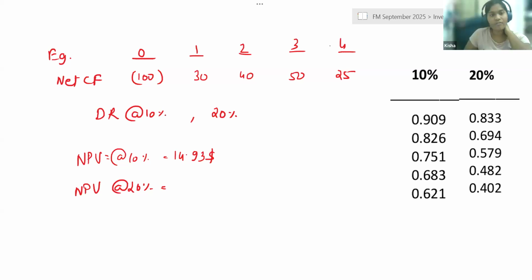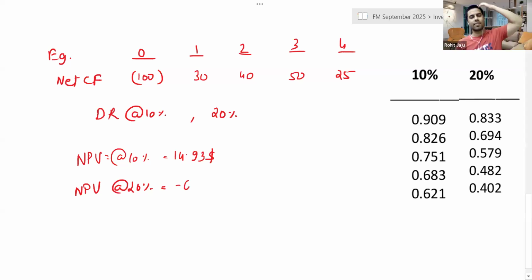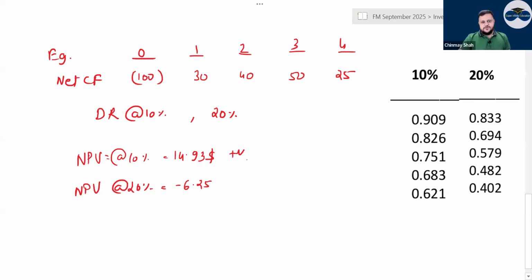So minus 6.25. Minus 6.25. See, this is positive. Minus 6.25. Do it calmly. Don't make mistakes.